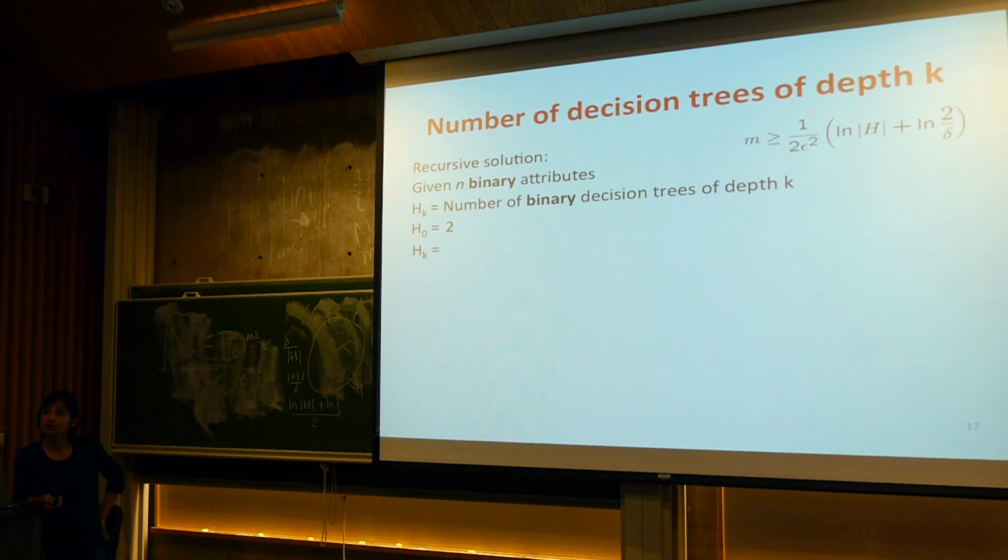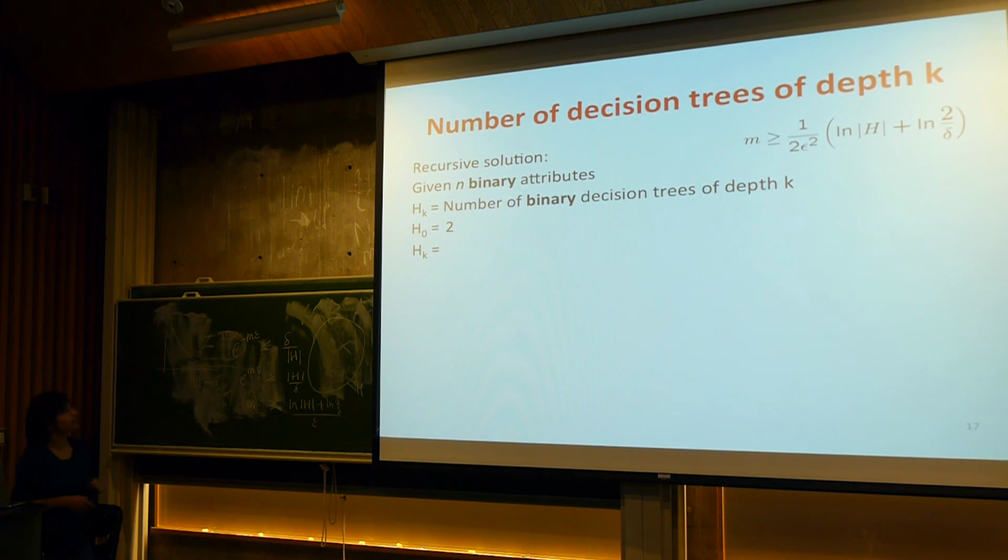Let's first think about what happens. Suppose we have a decision tree of depth k minus 1, and I'm now creating the next depth. I can pick any of the attributes to split on, so there are n possible choices at that point. So the different ways you can construct a decision tree of depth k from a tree of depth k minus 1 is by picking any of the n attributes.